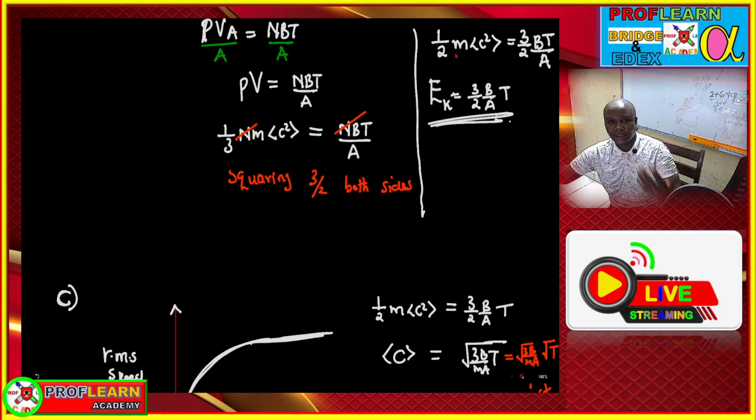The reason as to why I'm multiplying 3/2 both sides is so that I can target and have the equation of kinetic energy. That's just targeting that. There's no fancy reason as to why I'm doing this, just to have a half m c squared, then we can have our equation reducing to this, and that's exactly what we are supposed to show.